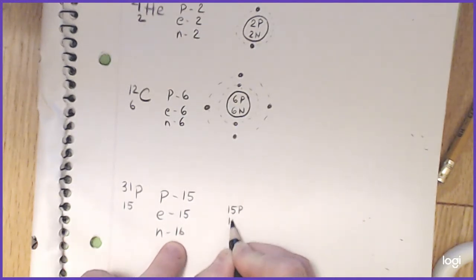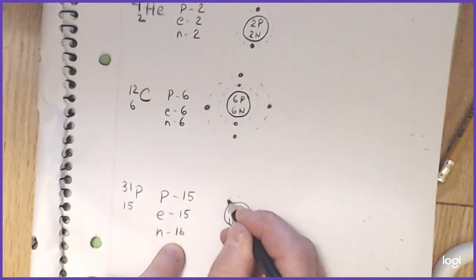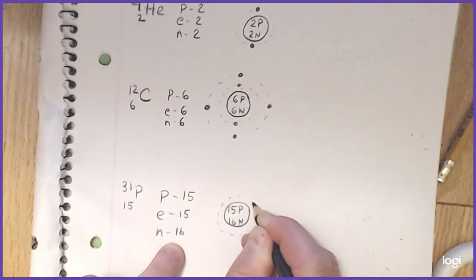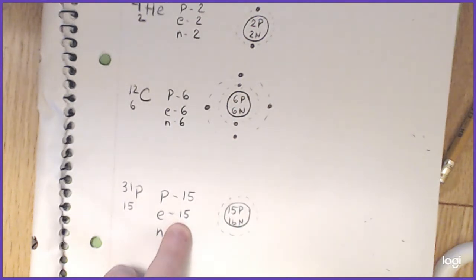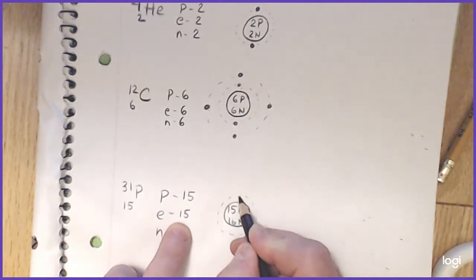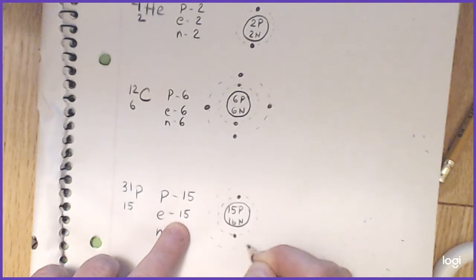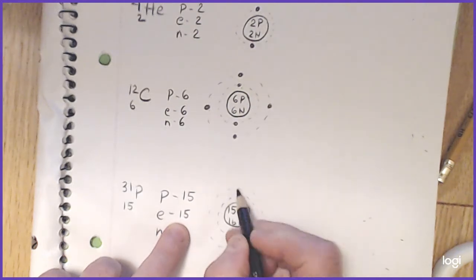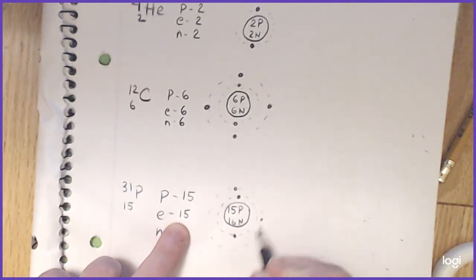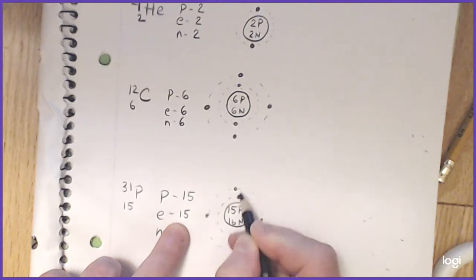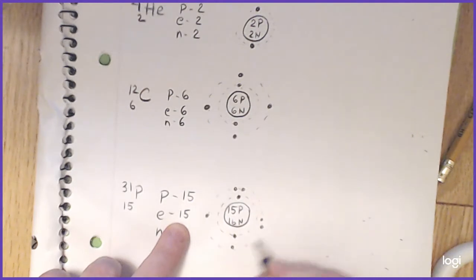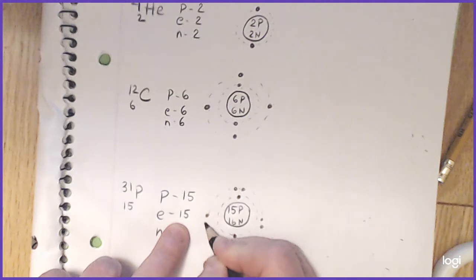We have 16 neutrons. Here's our nucleus. We have our first energy level here. So now we have to put 15 electrons around the outside. So first energy level gets 1, 2. Our second energy level is going to get 1, 2, 3, 4, 5, 6, 7, 8.